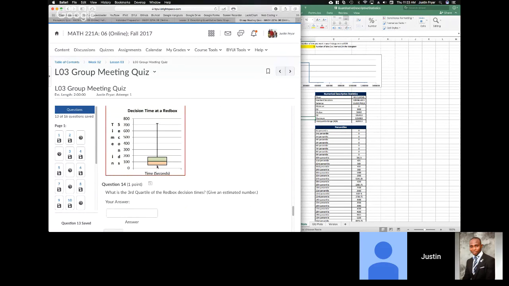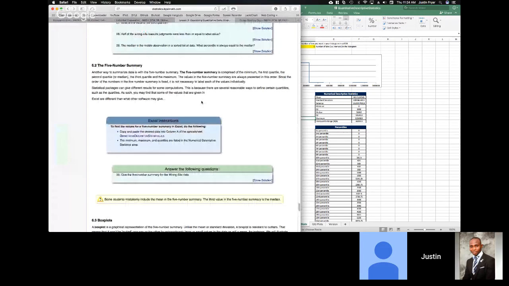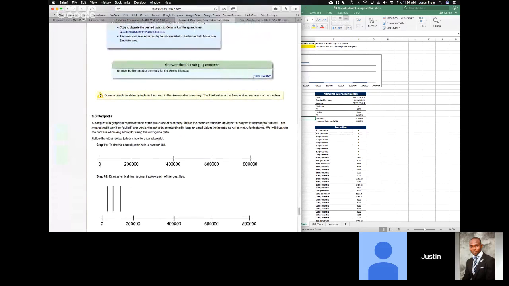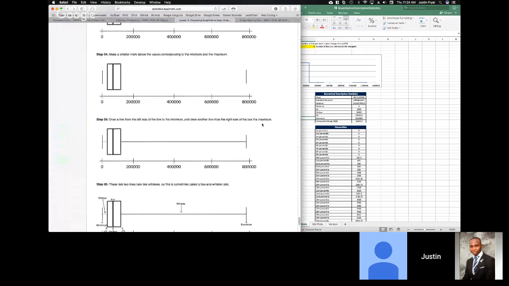The minimum, first, second, third, maximum. Oh, so this is an estimate I will be given. Yeah, I think so.